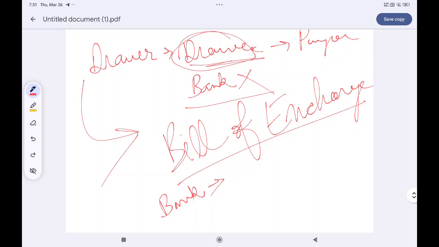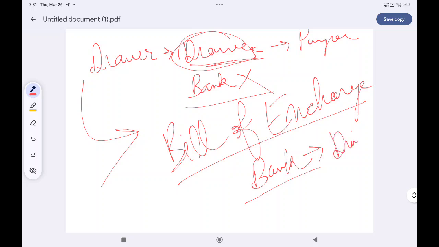So let me explain more deeply. If the bank is drawee, then we call it a check.